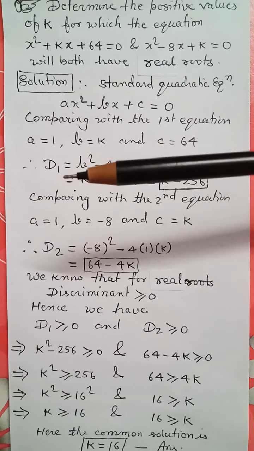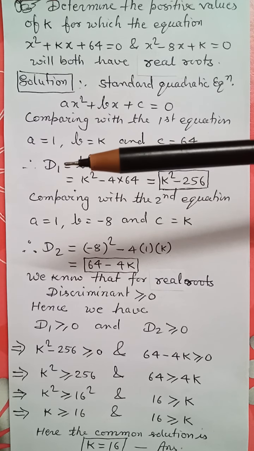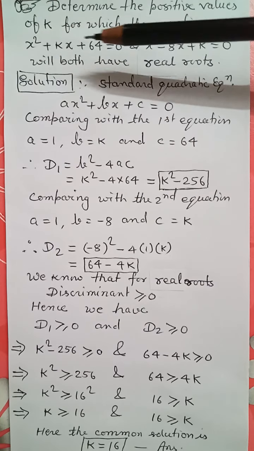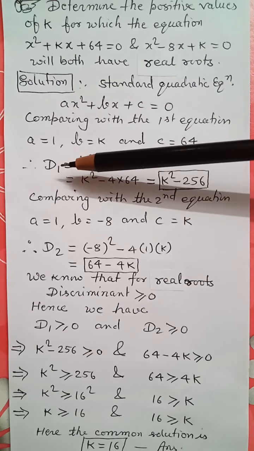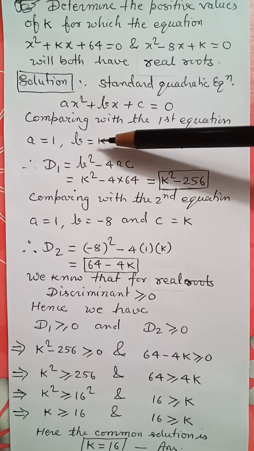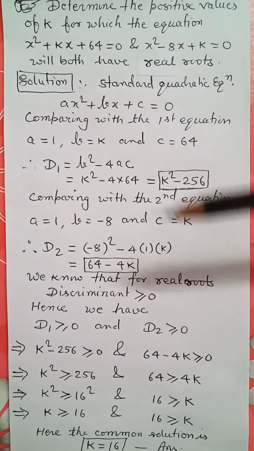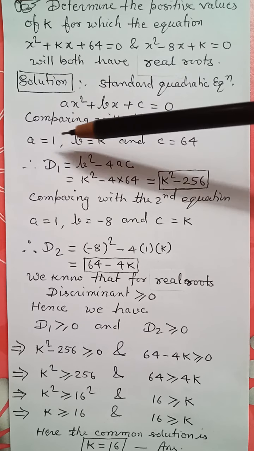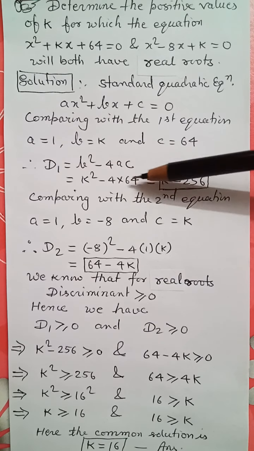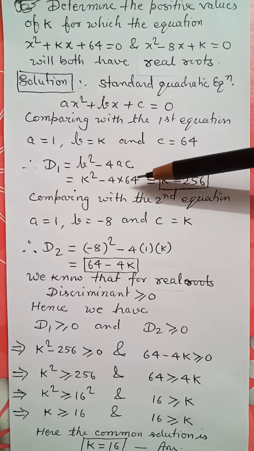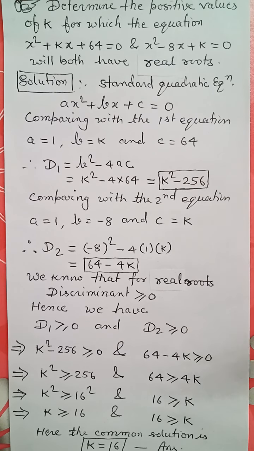Therefore, the discriminant, which is b square minus 4ac, for equation 1 is d1 equals k square minus 4 multiplied by 64 multiplied by 1. 64 times 4 is 256, so d1 is k square minus 256.